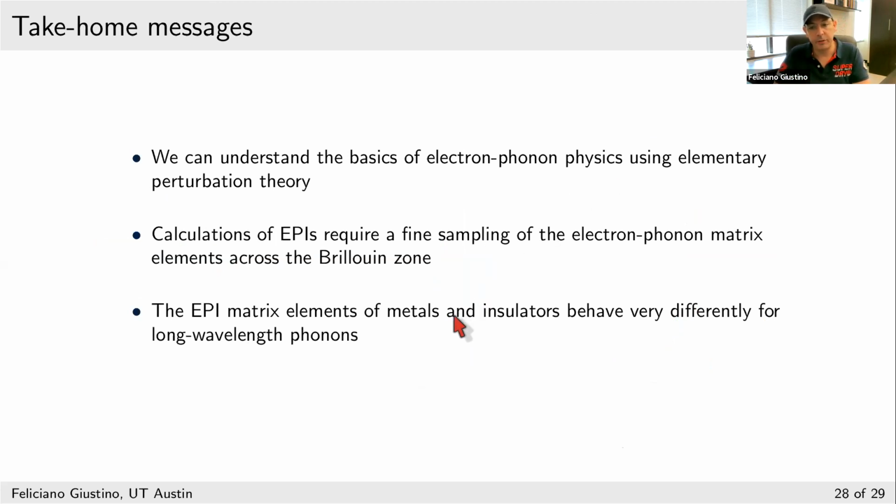And the third message was that the matrix elements in metals and insulators behave very differently, and this has to do with the difference in the screening in metals and insulators at long wavelength. So we need to be very careful when applying interpolation techniques, and we have things like polar insulators.